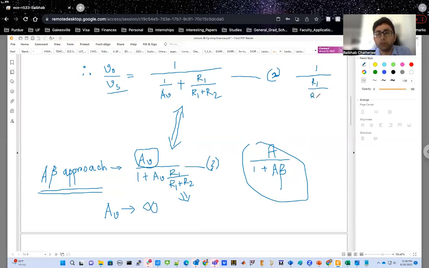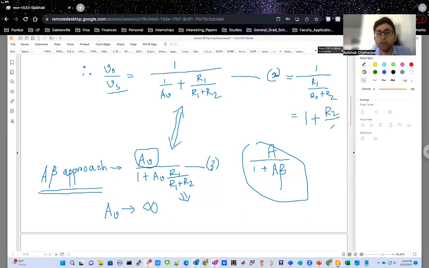Now, of course, this entire R1 divided by R1 plus R2 is in the denominator. So you can take the R1 plus R2 to the numerator side. In the numerator, you'll have R1 plus R2, and in the denominator, you'll have R1, which means you can represent this as 1 plus R2 over R1.